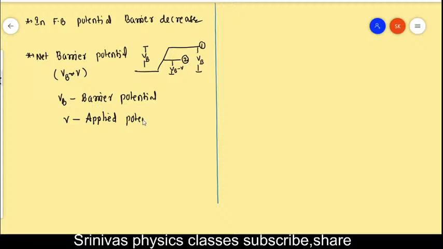Why is it decreasing? In the above figure, one indicates the potential barrier without battery. The potential barrier without battery is more.